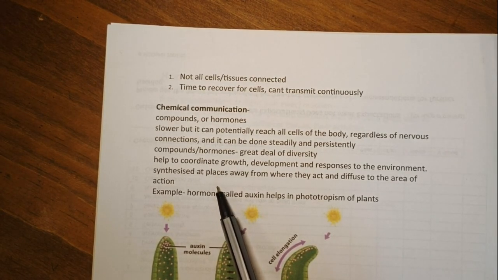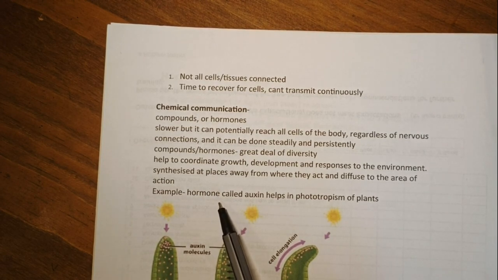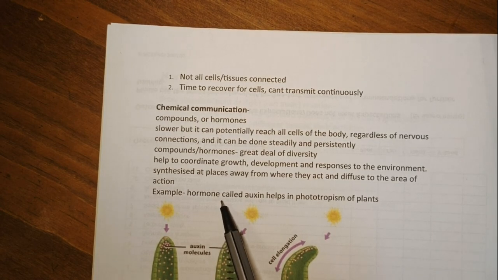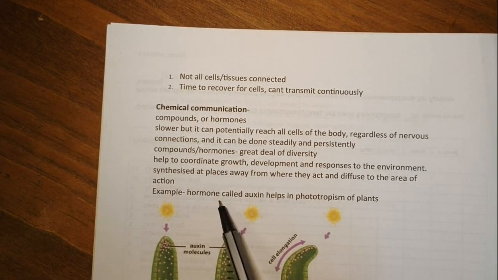Different plant hormones help to coordinate growth, development, and response to the environment. They are synthesized at places away from where they act and they diffuse to the area of action.